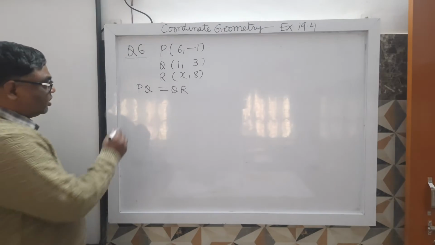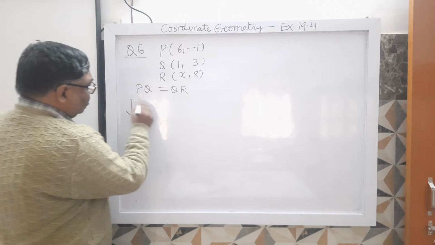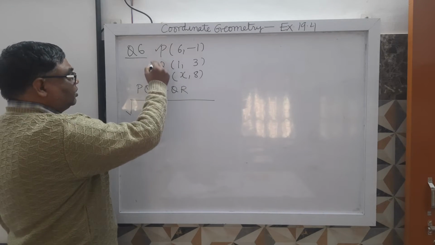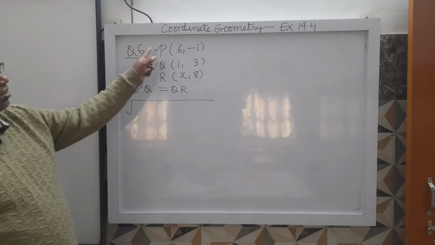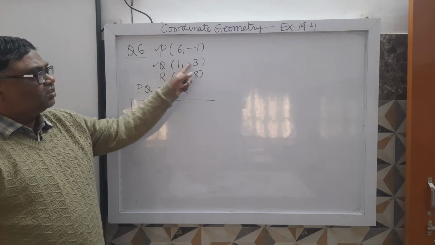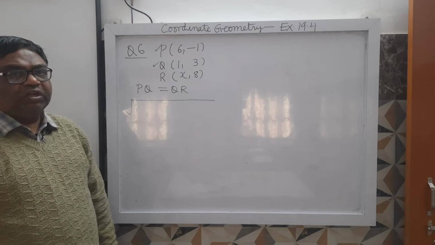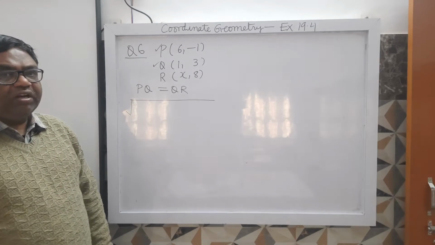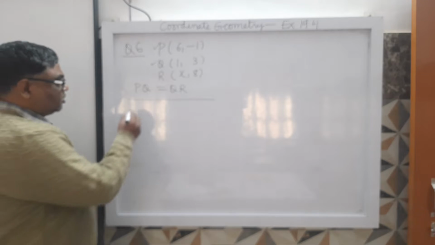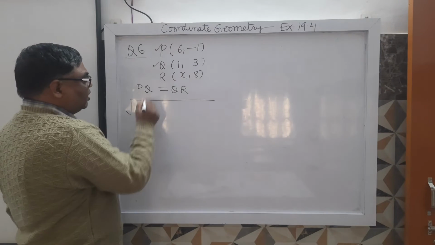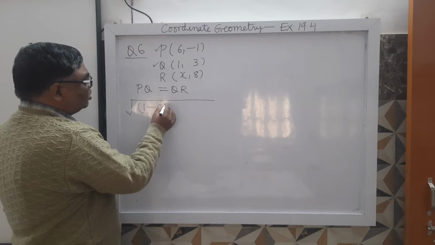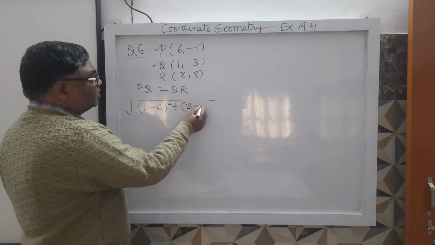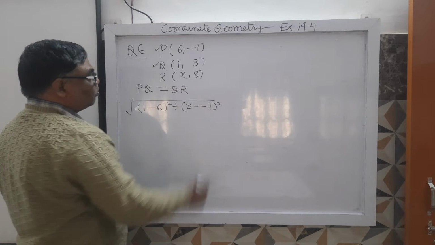Now what is the distance formula? For determining this distance PQ, you will take this one as x1, y1 and this one as x2, y2. It's clear? So what is the formula? Square root of (x2 minus x1) whole square plus (y2 minus y1) whole square. That means (1 minus 6) whole square plus (3 minus 1) whole square.